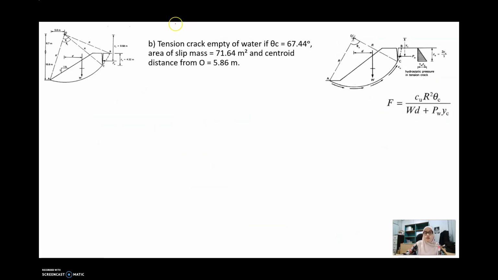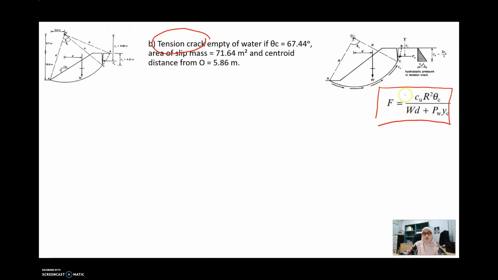Now we go to condition B. In condition B, we consider the tension crack, but the tension crack is empty of water. When we talk about the tension crack, you need to add another new parameter in the equations. So we will have this type of equation.